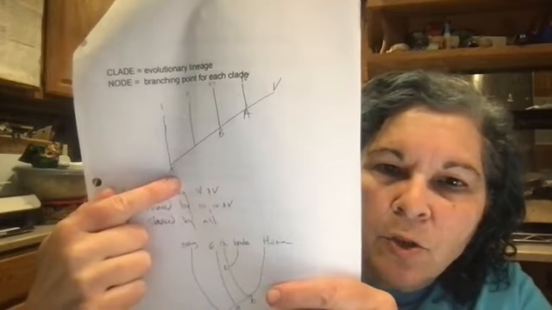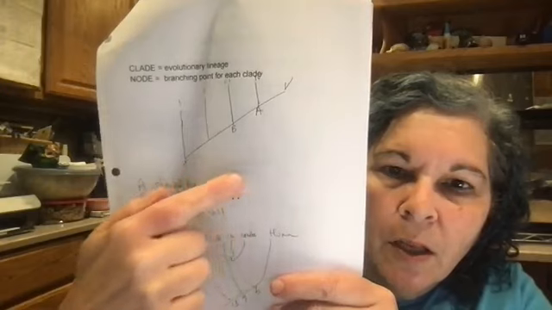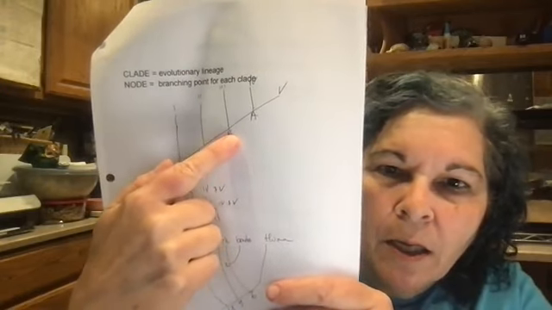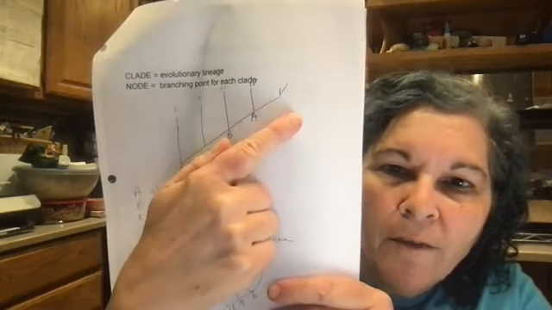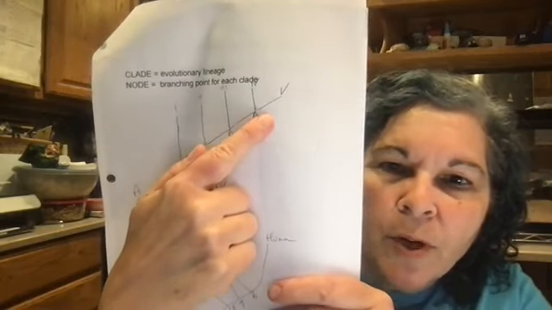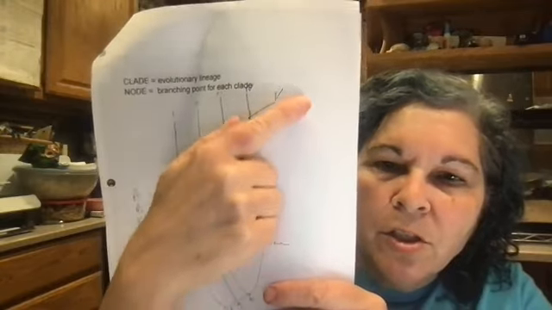X is a trait that all of these animals have. B is a trait that only 3, 4, and 5 have. A is a trait that only 4 and 5 have. So it's showing how they split off from each other.